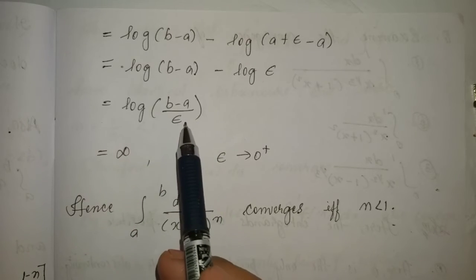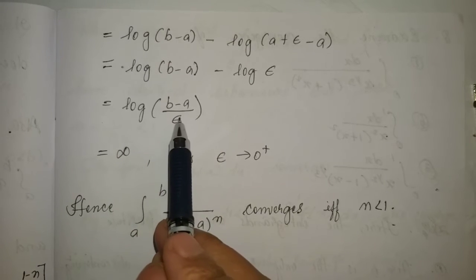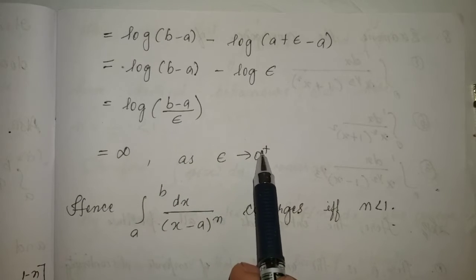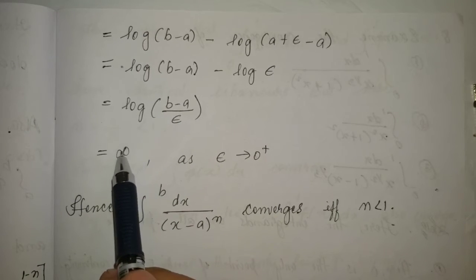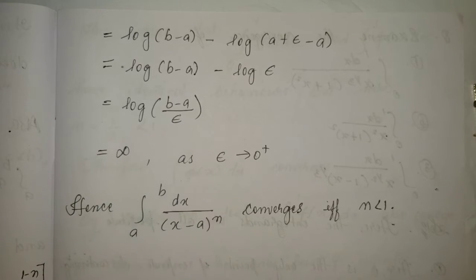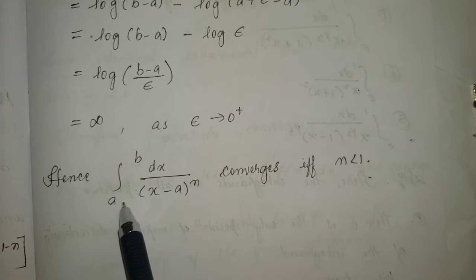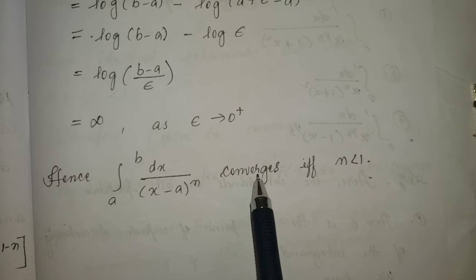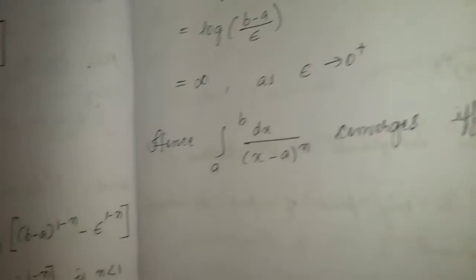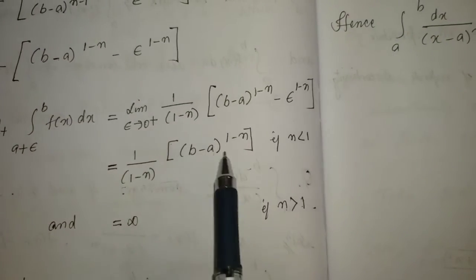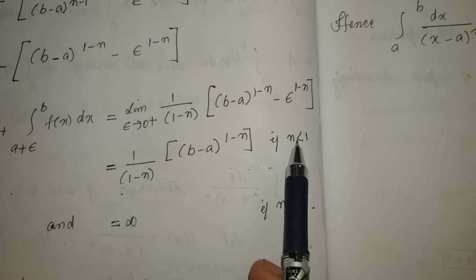If you take epsilon tends to 0, then you'll get this limit to be equal to infinity. Therefore, this integral will converge only when n is less than 1.